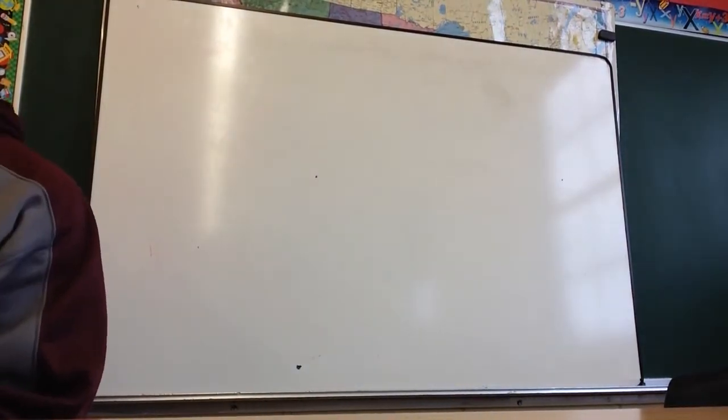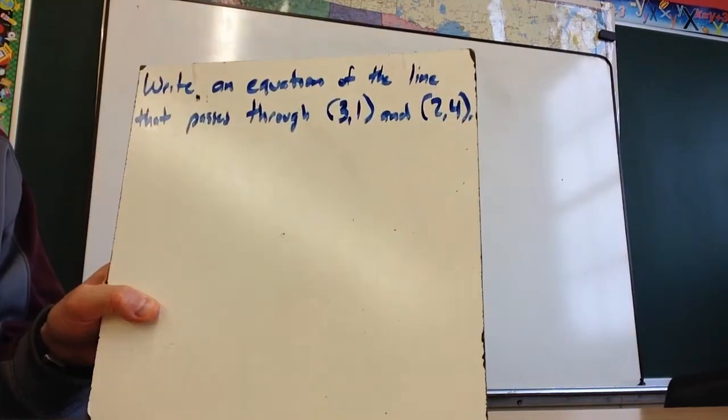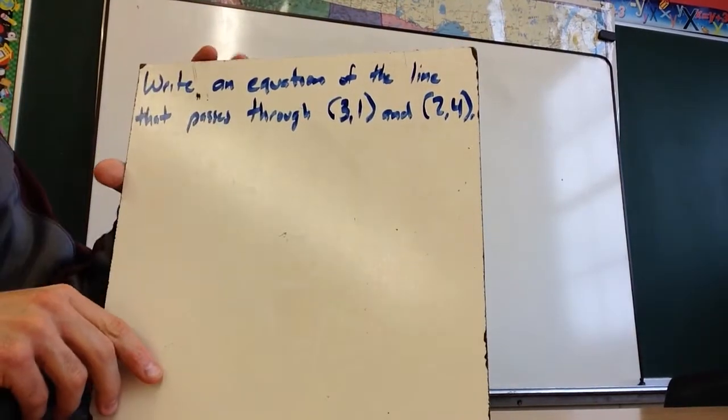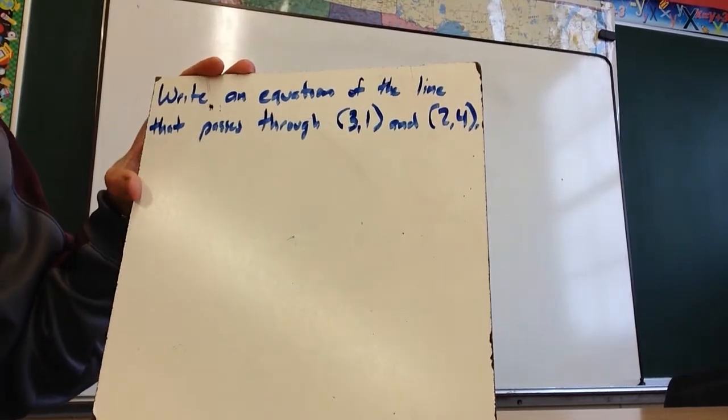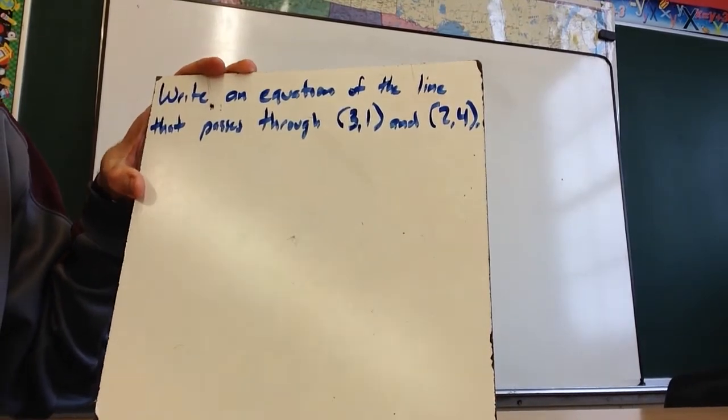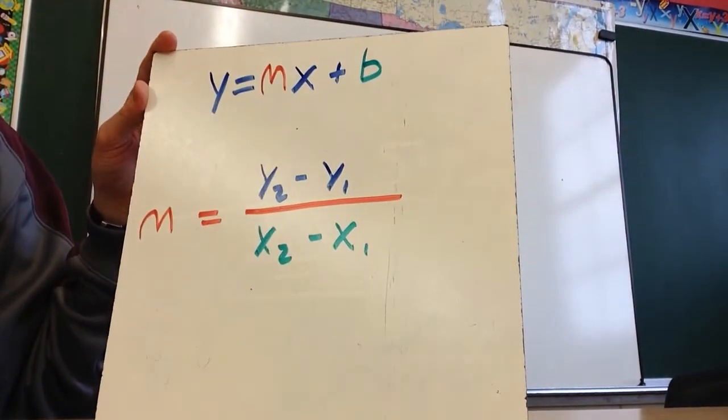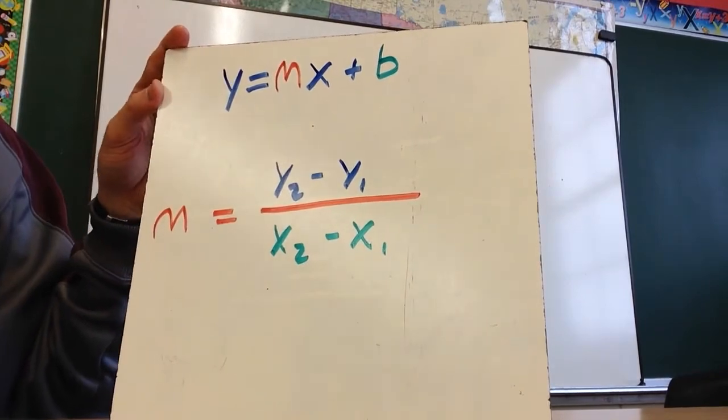All right. Now, in this one, we're going to do a little bit more work. Write an equation of a line that passes through (3, 1) and (2, 4). The first thing I'm going to do is use this second formula to find the slope. Once I've found the slope, I'm going to use the formula on top.